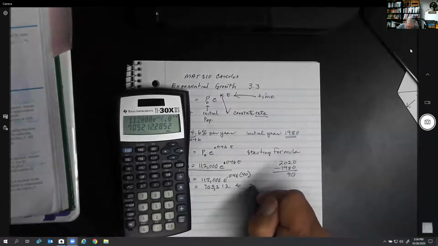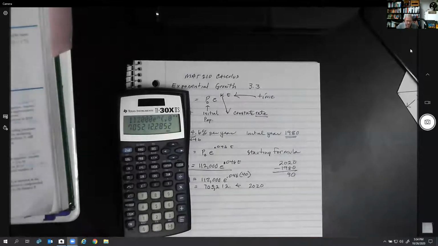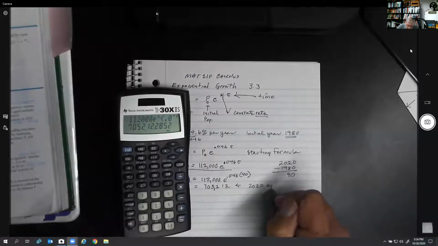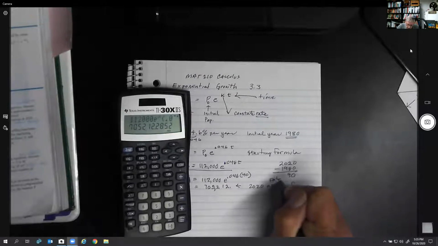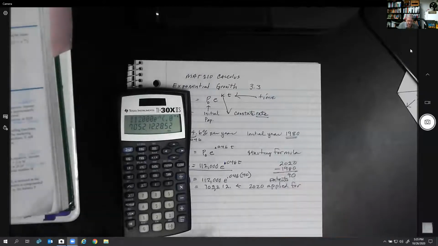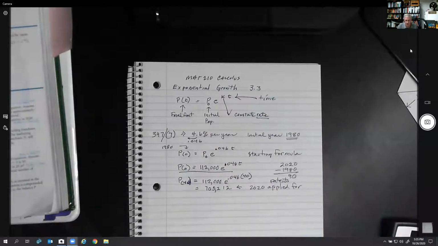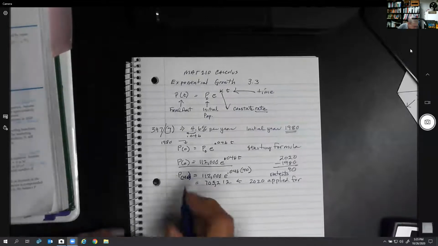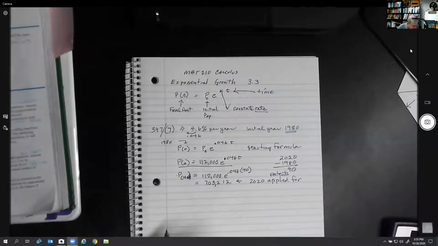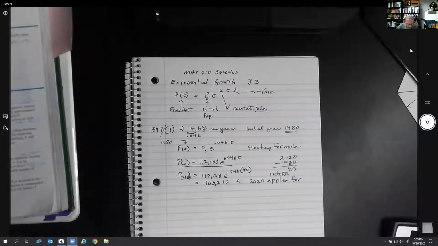In 2020, that's how many patents were applied for. Let's put patents. That's what this is asking. In 2020, there's going to be about 705,000 patents.